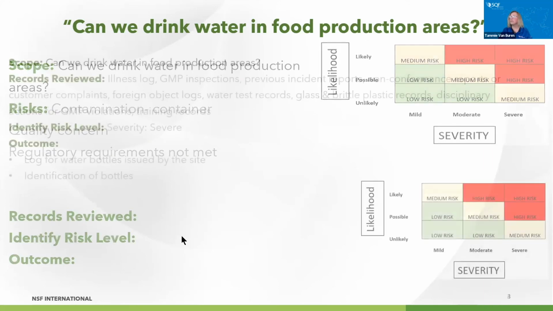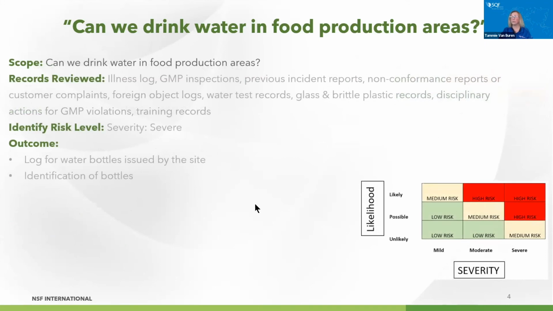And then we moved into what records we would review. We had illness logs, GMP inspections, previous incident reports, non-conformance reports or customer complaints, foreign material logs where we've identified that is a potential issue, water test records, glass and brittle plastic records, any disciplinary actions for GMP violations, and any training records that we might want to take a look at.